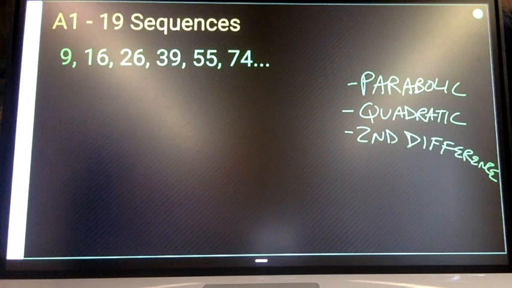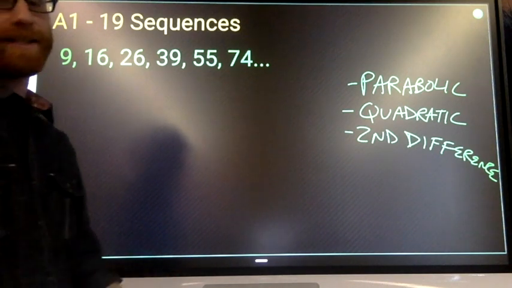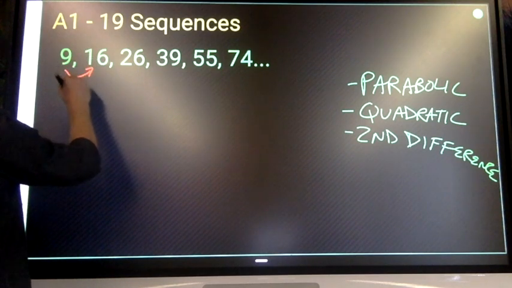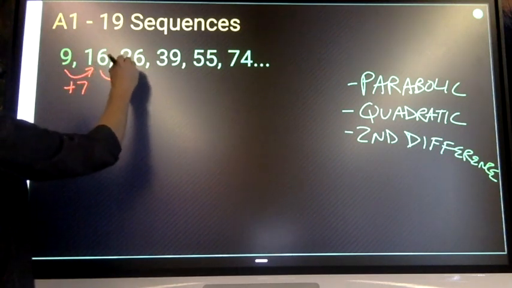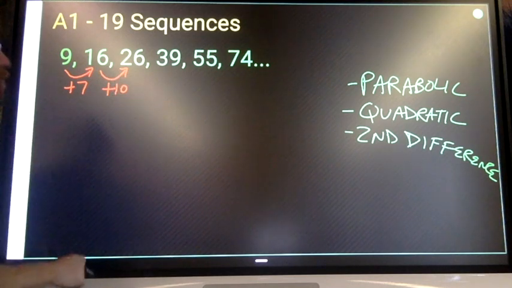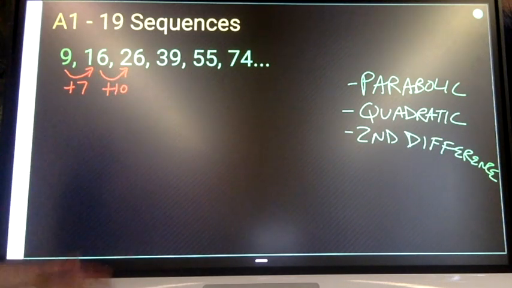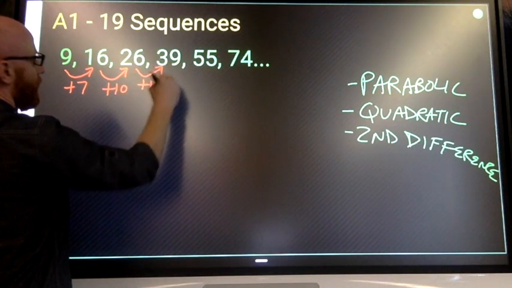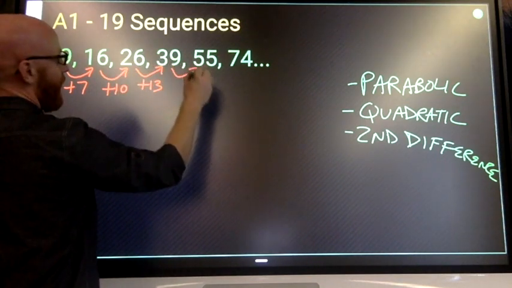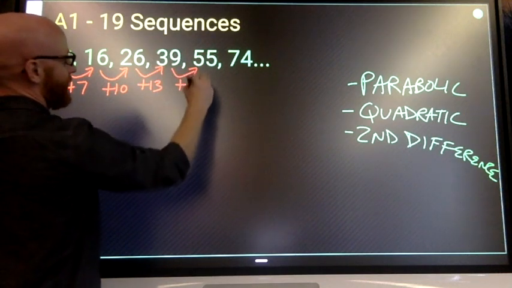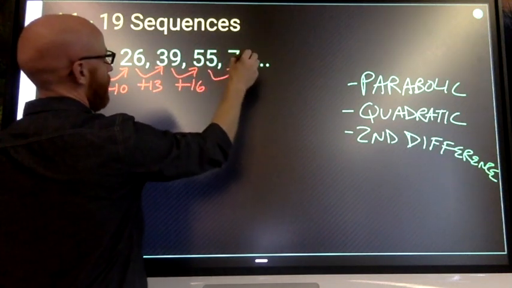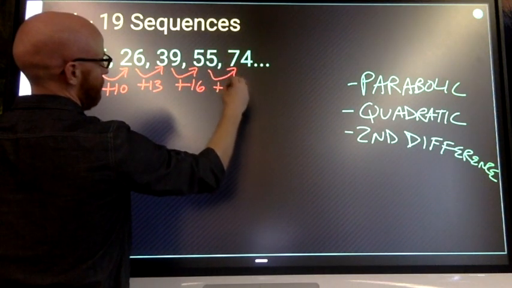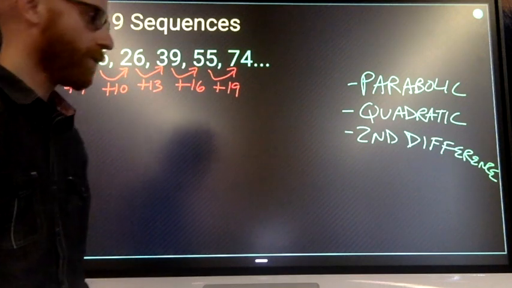All right? Now, when I'm testing for whether or not this is arithmetic, 9 plus 7 is 16. 16 plus 10 is 26. Okay, it's not arithmetic because I'm not adding by the same amount each time. But if I continue this, 26 plus 13 is 39. 39 plus 16 is 55. 55 plus 19 is 74.